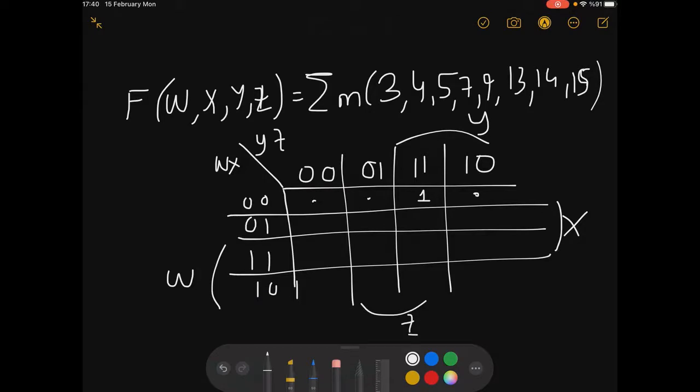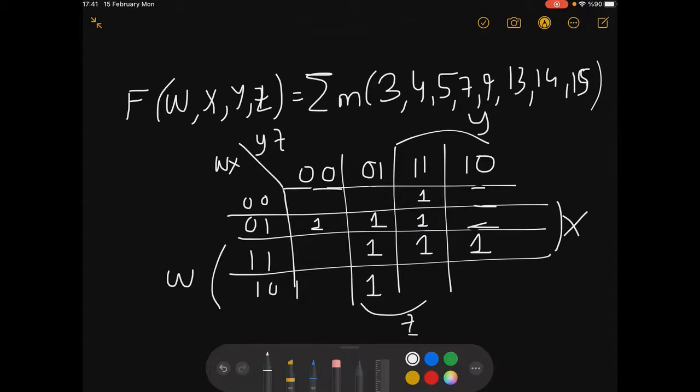See? 4, 5, 6, 7. Be careful. 8, 9, 10, 11, 12, 13, 14, 15. This is how I place them, right? And now I will get rid of these because I don't need them for min terms.